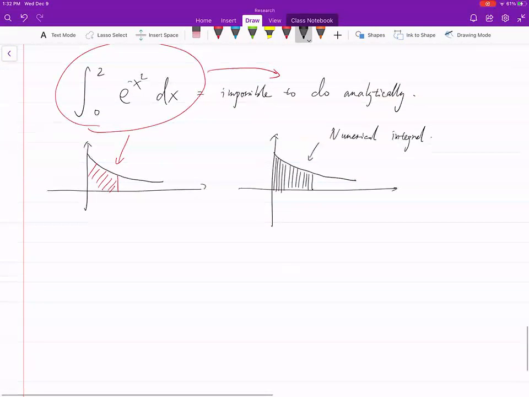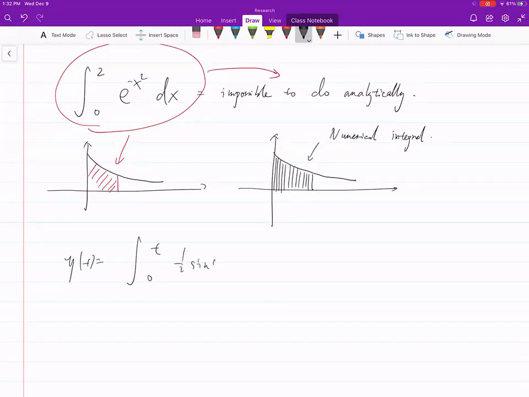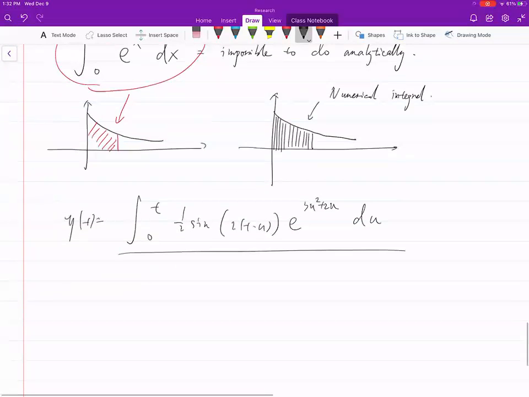Okay. That means if I have y(t) equals some random function, which I don't know how to integrate, for example, e to the 3u squared plus 2u, something like that, still okay?